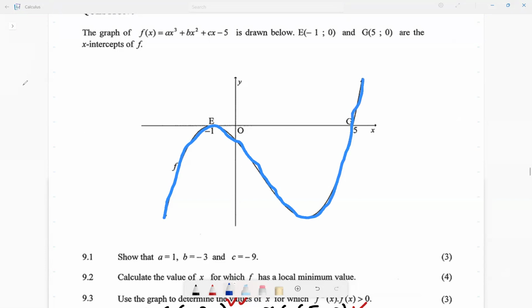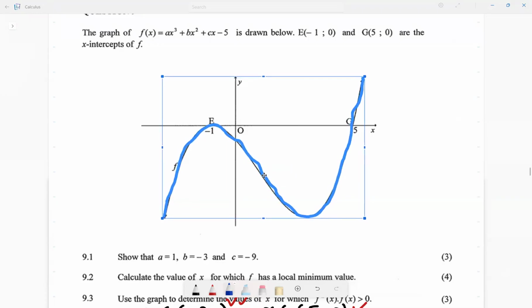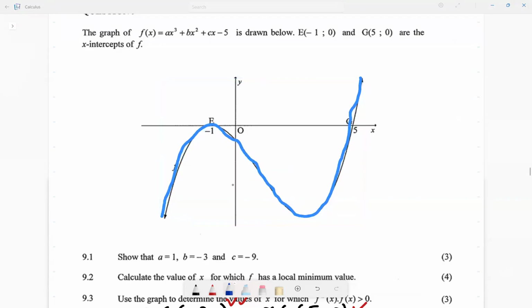Now let's see. Here's my graph, right? If I move it downwards, now can you see that for now, it has one negative root and one positive root. And now what do we want? We want two positive roots and one negative root.